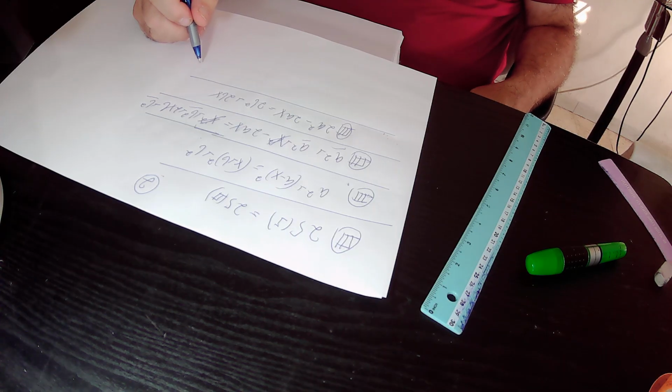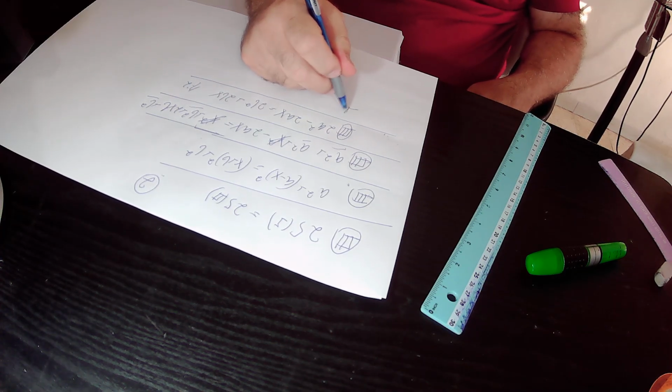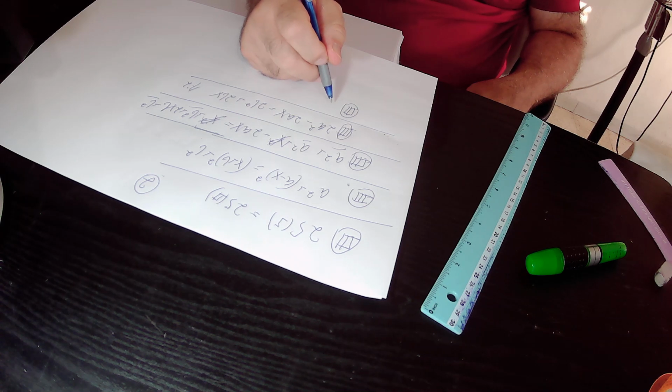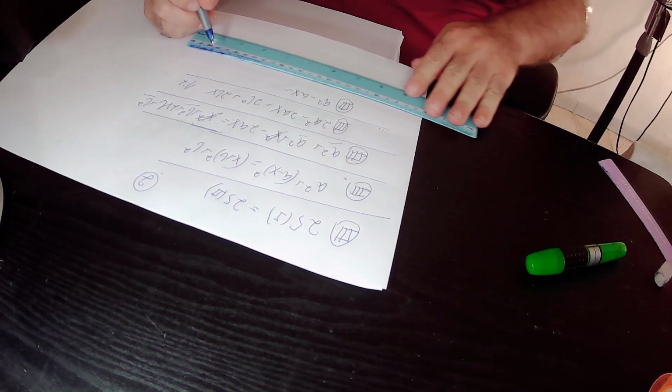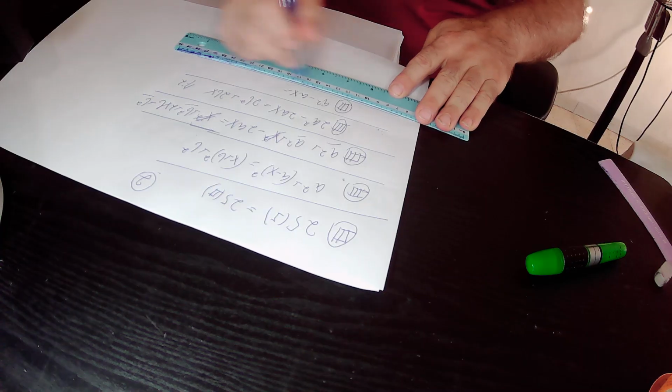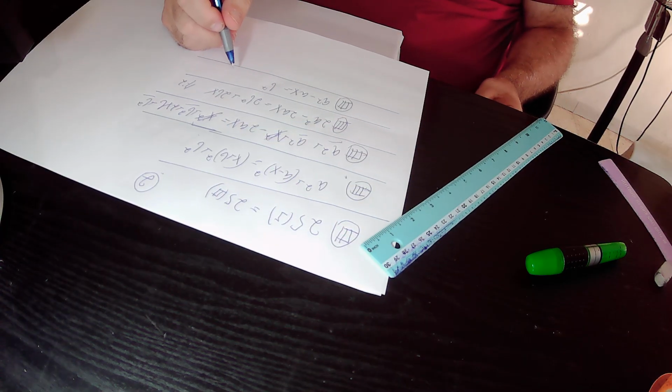So here we divide equation 3 by 2, and we get that according to equation 3, 2a squared over 2 is a squared, minus 2ax over 2 is minus ax, and it is equal to 2b squared over 2 is b squared, plus 2bx over 2 is bx.